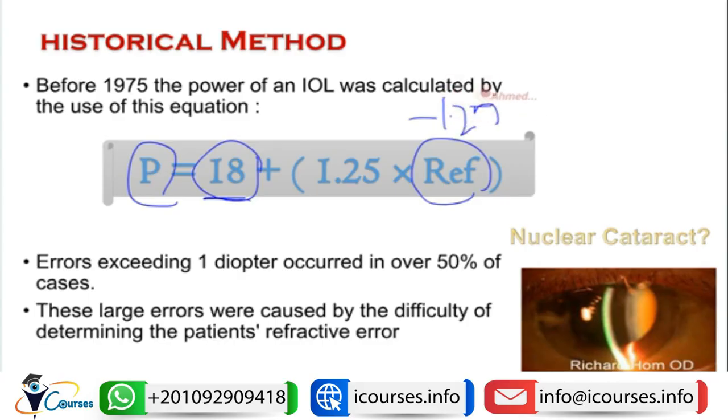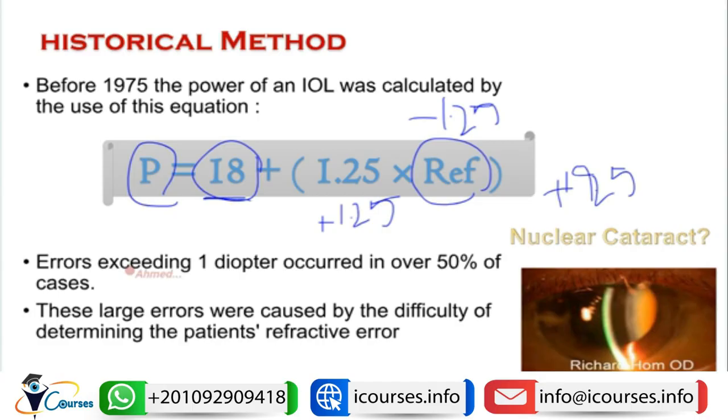And if the patient is hypermetrope +1, the final IOL power will be 18 plus 1.25, so the IOL power will be +19.25. So this is like an empirical method for measurement of the intraocular lens, assuming that the patient who has myopia will need less power and the patient who has hypermetropia will need more power.